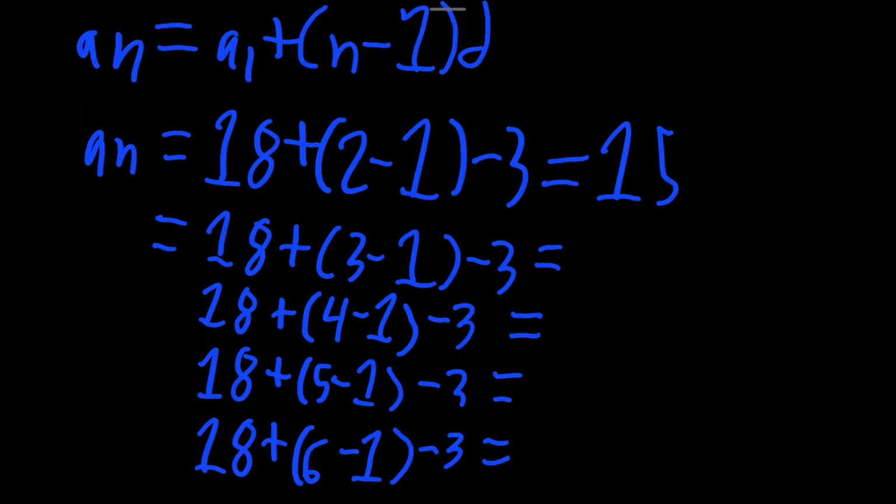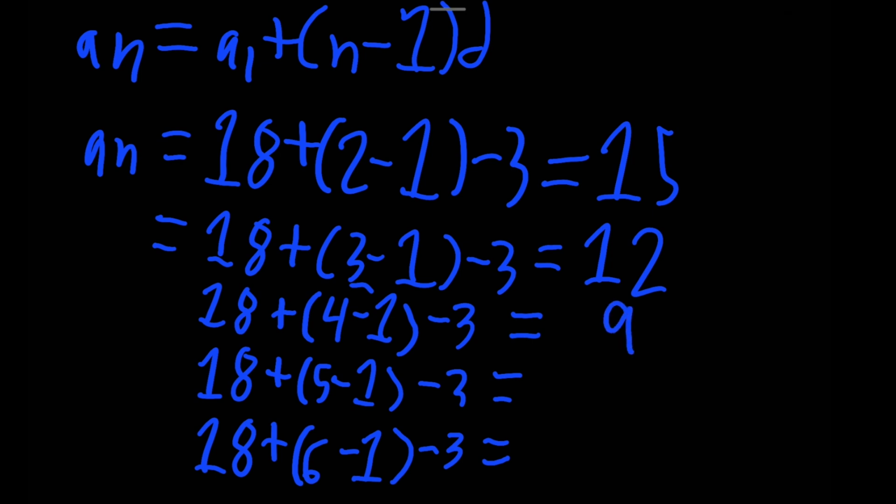Let's start with the third term. 3 minus 1 would be 2, times negative 3 would be negative 6, plus 18 would be 12. On to the next one. 5 minus 1 would be 3. 3 times negative 3 would be negative 9, plus 18, it will be 9.